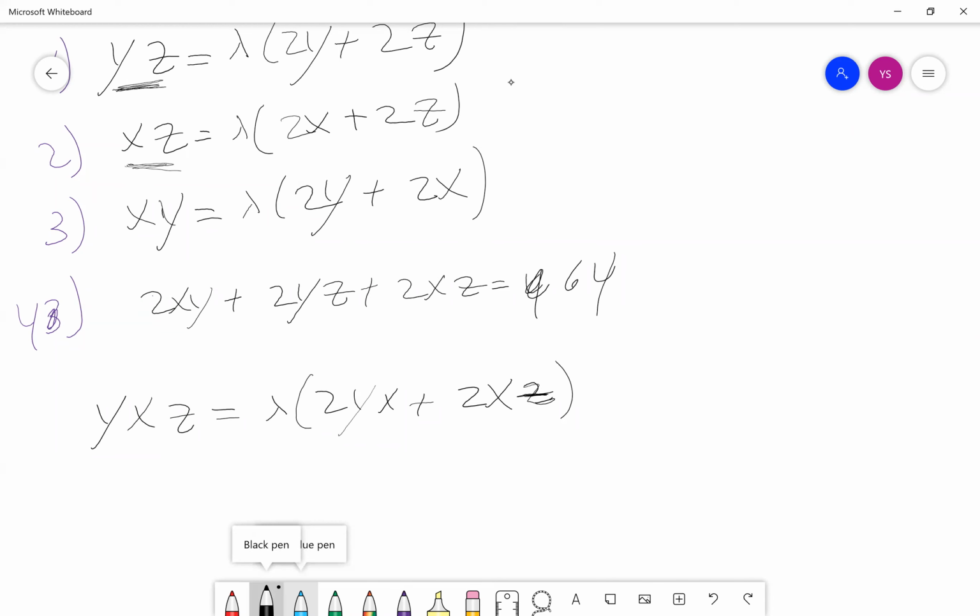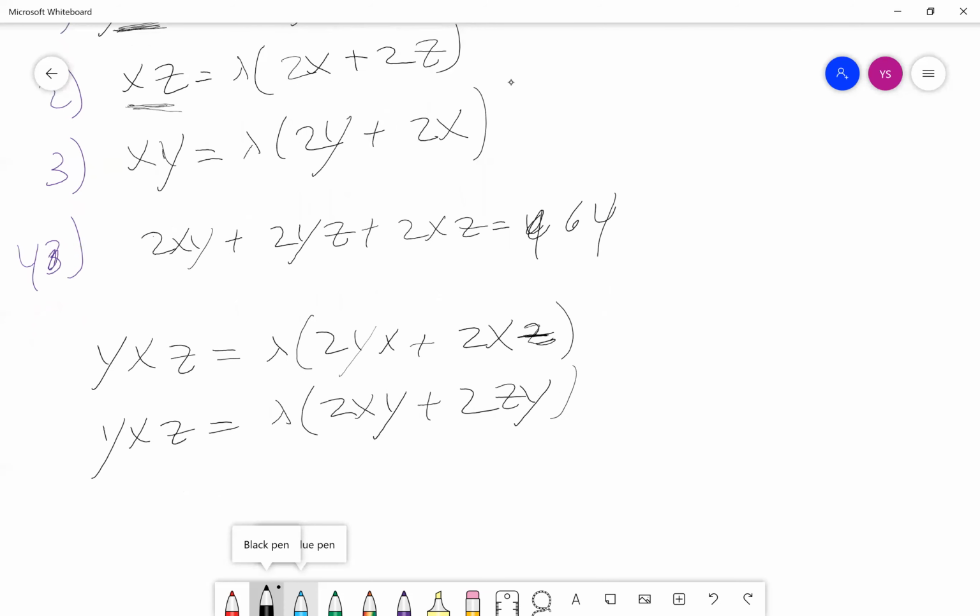In the second one, I'm multiplying by y. yxz is equal to lambda times 2xy plus 2zy. And finally, in the third one, I multiply by z, so I get xyz is equal to lambda times 2yz plus 2xz.